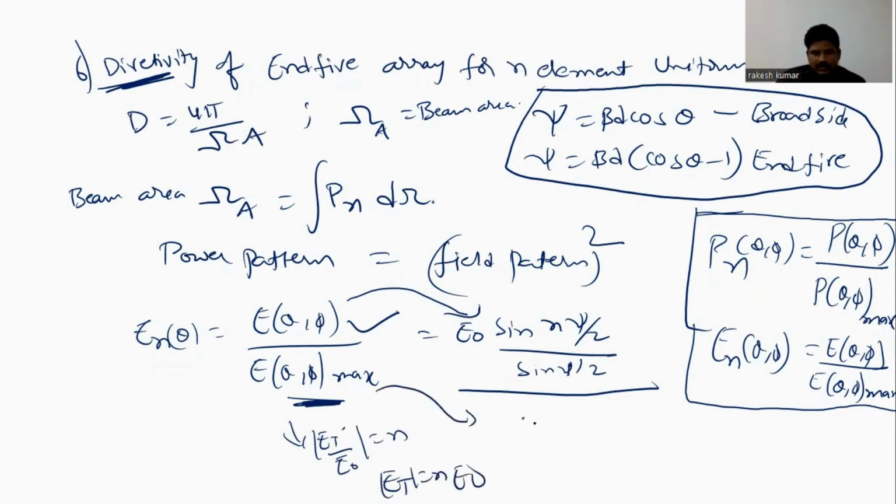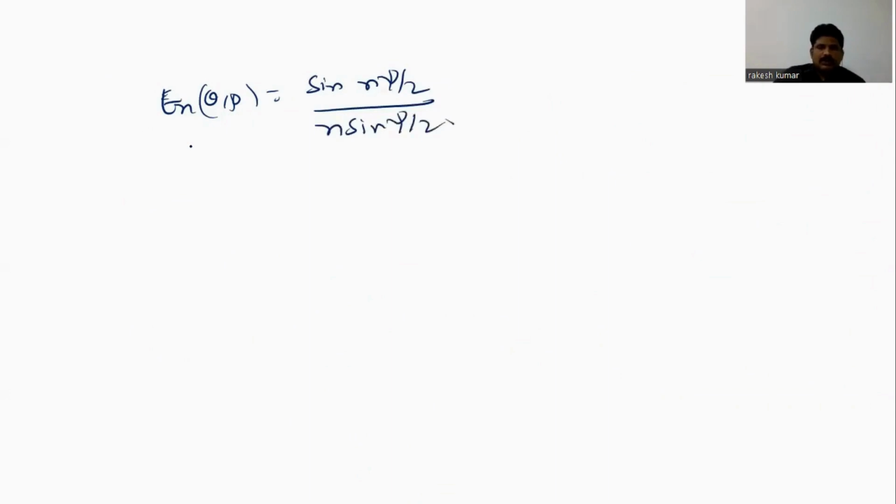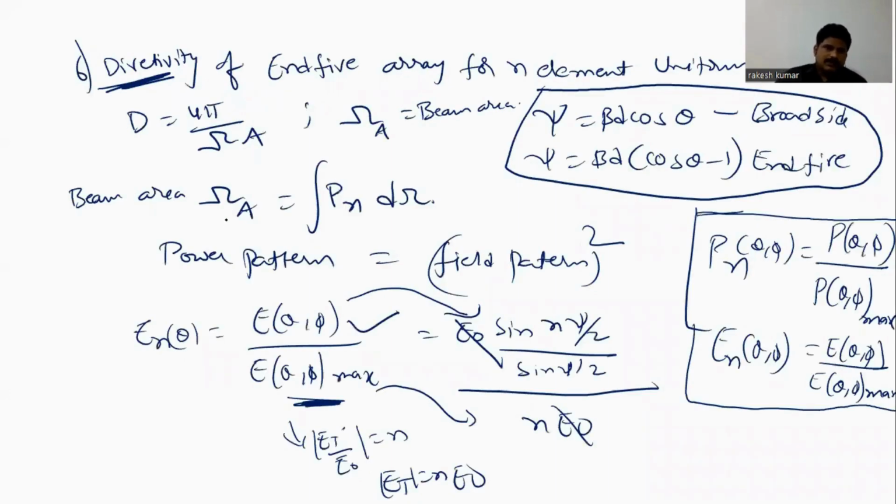We substitute here N into E naught. E naught will get cancelled. So finally, what is the value of n of theta? The value of n of theta comma phi is equal to sine N psi by 2 by N into sine psi by 2.